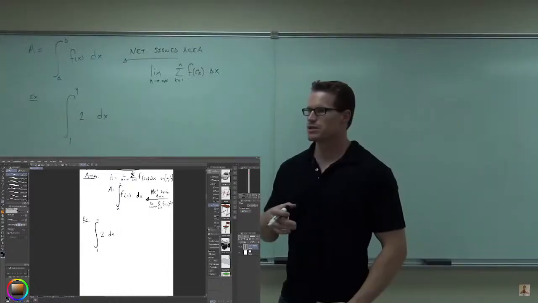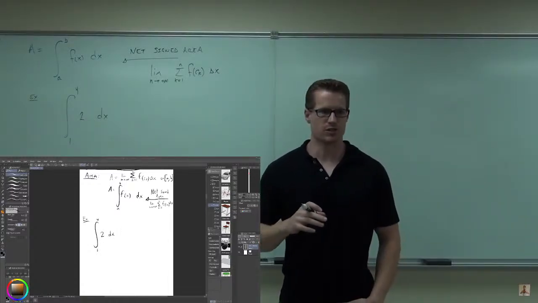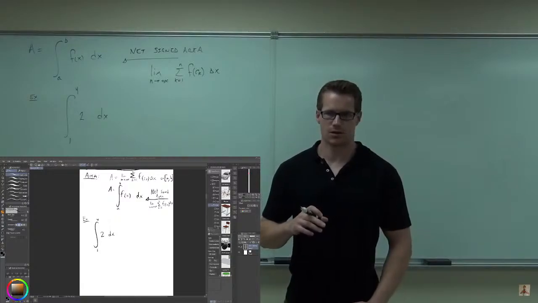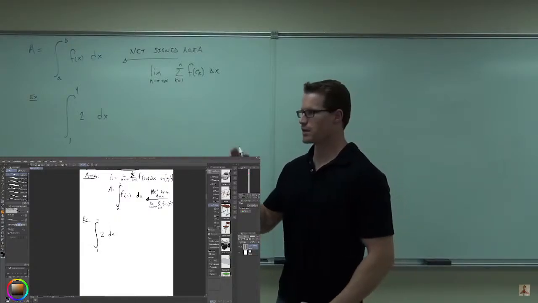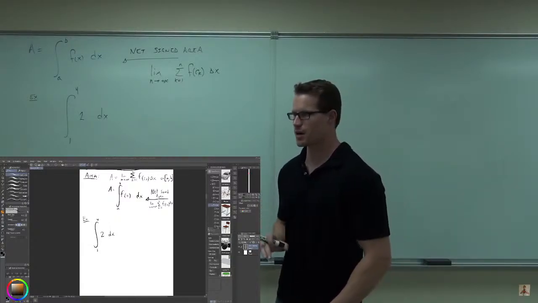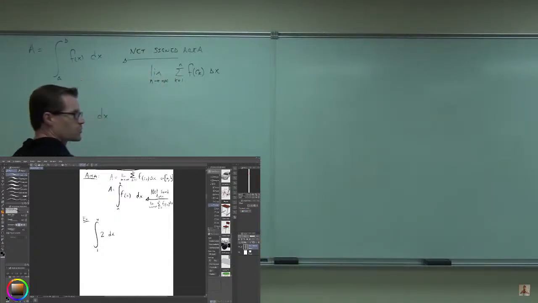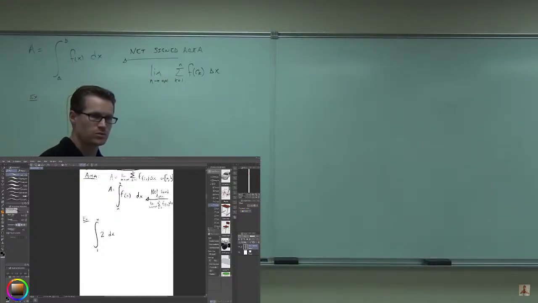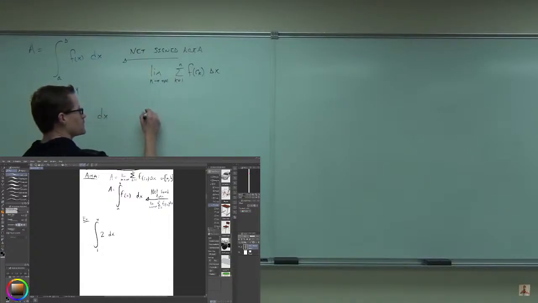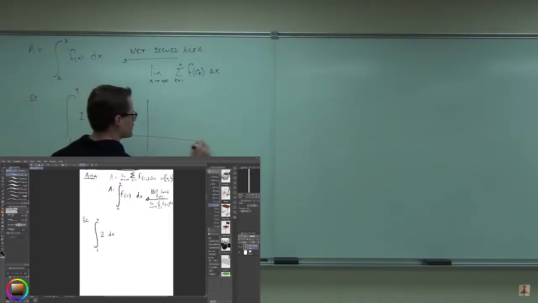Now, firstly, can you tell me what the bounds of this integration are? 1 to 4. Okay, so x should start at 1 and end at 4. That's where our area starts and stops. What's our function? Can you graph 2? Straight line. Very good.